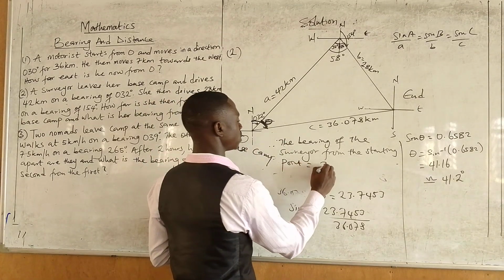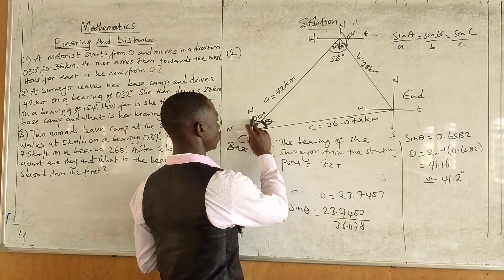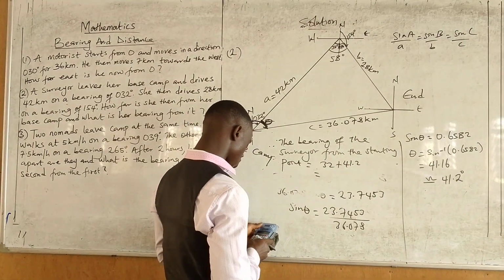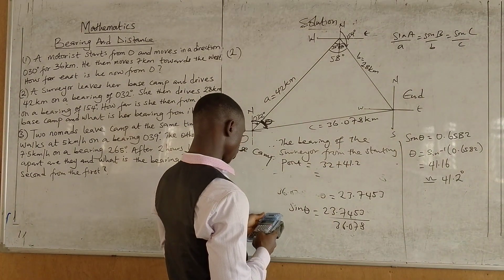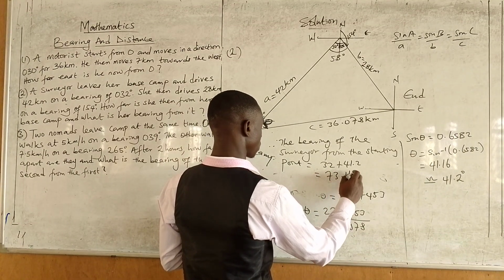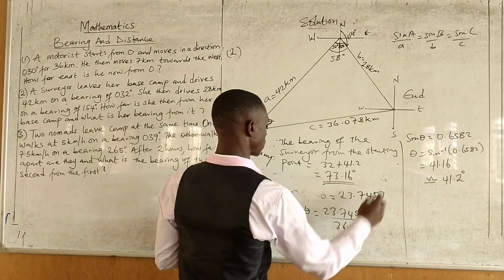That's 32 plus theta, the whole of this angle, 41.2. And that will give us 73.16 degree. So that's the answer there.